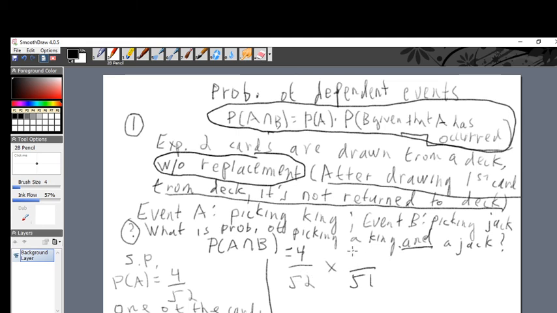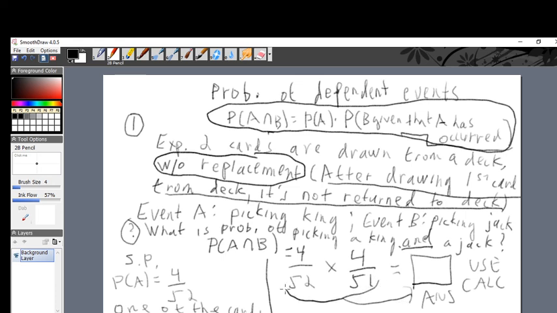Well, there's 4 chances out of those 51 cards left of getting a jack. And so therefore it's 4 over 52 times 4 over 51, and you'll have to use your calculator to get the answer. This multiplication will lead you to the answer.